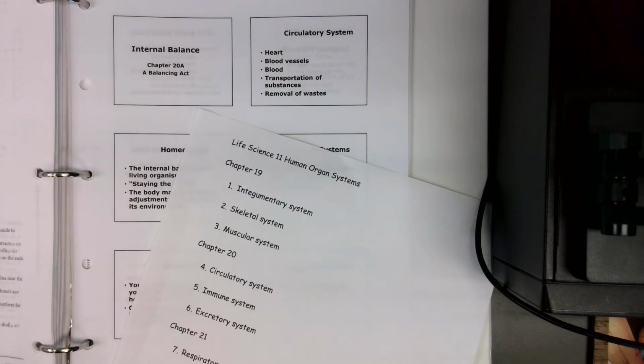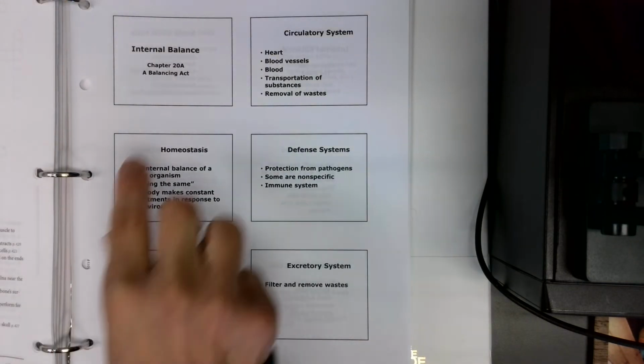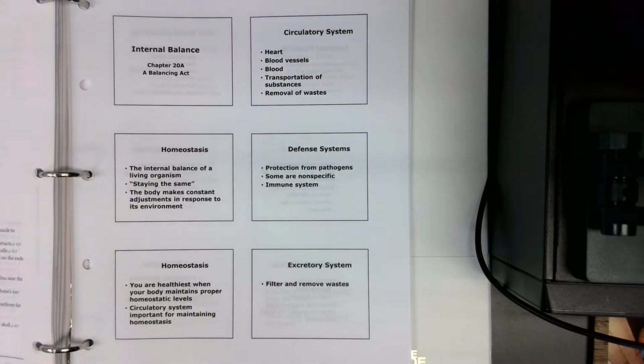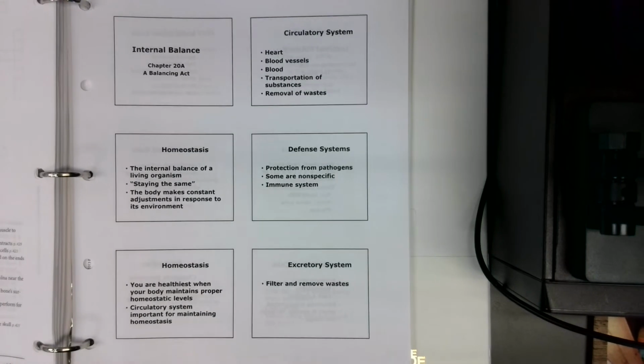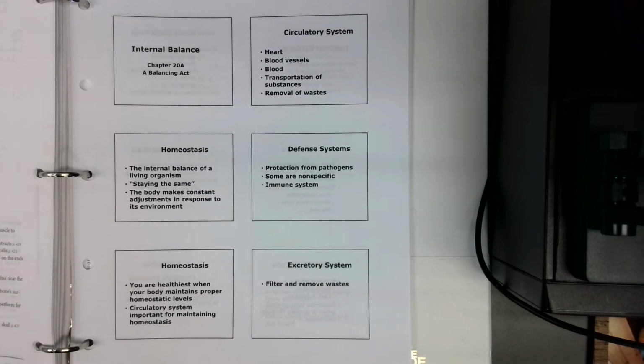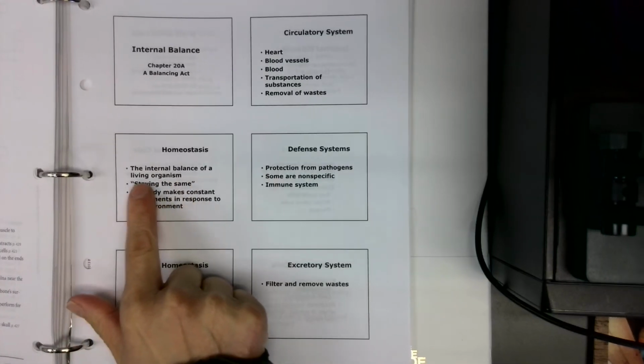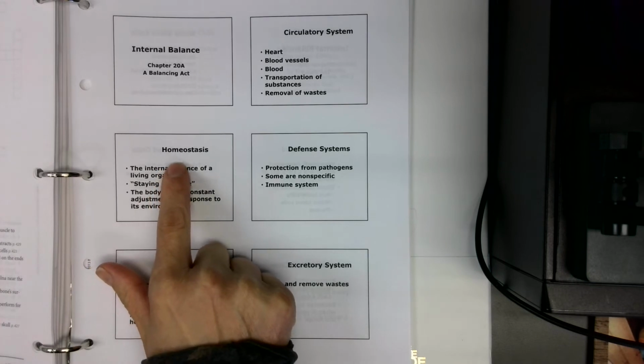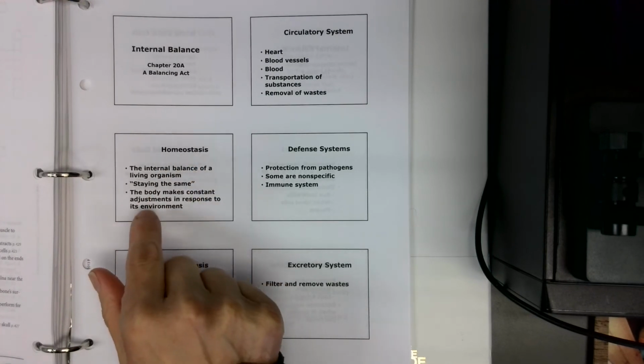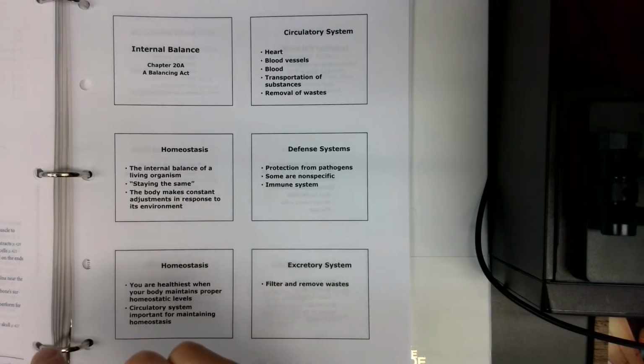And so in our notes here in this 20A section, they talk to us about our body as being in balance, a balancing act, right? The internal balance of a living organism is called homeostasis, staying the same.